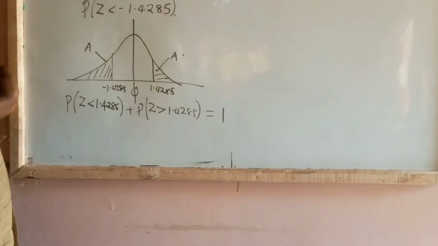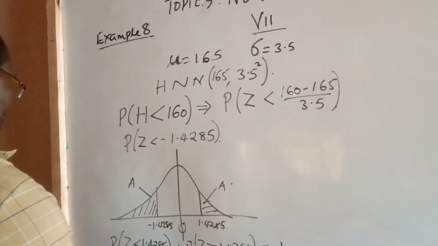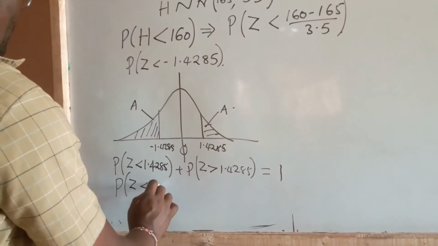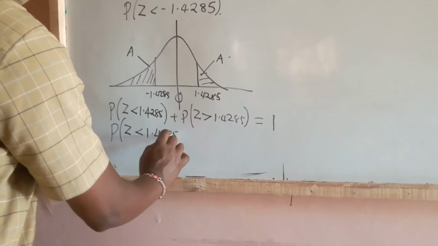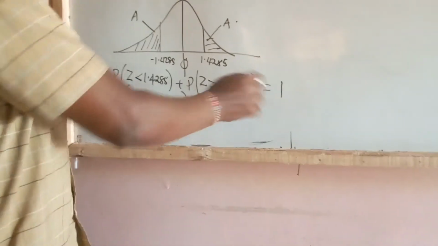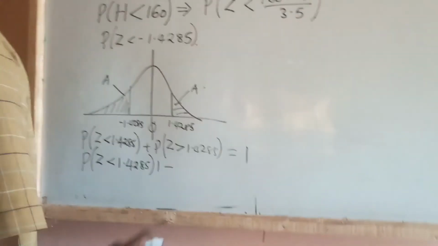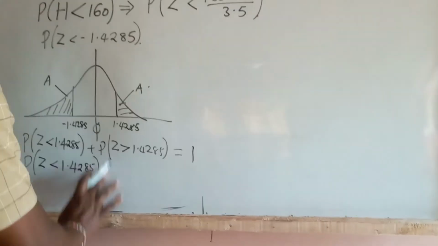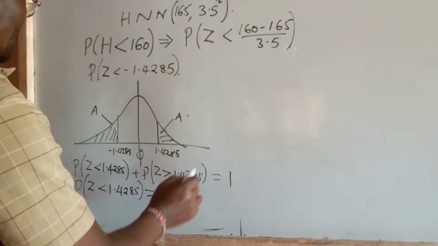That means the probability of Z less than 1.4285 is 1 minus whatever we shall find here.